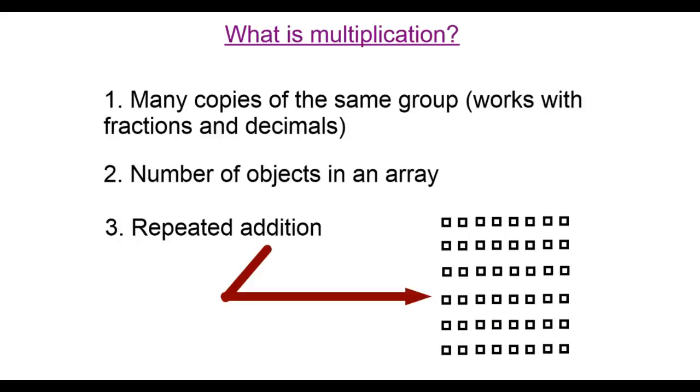We add the same thing to itself each time. So if we have 8 boxes in each row, that number 8 gets added to itself 6 times. So we call it 8 times 6 because 8 is added to itself 6 times, similar to the way that powers are repeated multiplication.